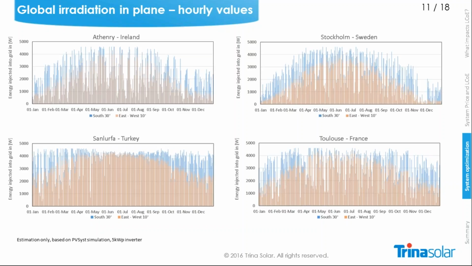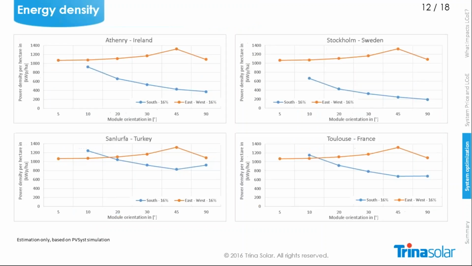So if you want to achieve a high number of direct consumption, then you can use the information to design your system, decide if it makes sense to go for south, where you have a lower capacity per hectare or per square meter roof, or if you go for an east-west and accept some energy losses, especially during the winter months, but having a higher capacity on the roof to bring the best out of your project.